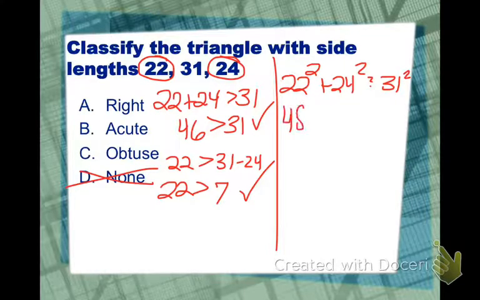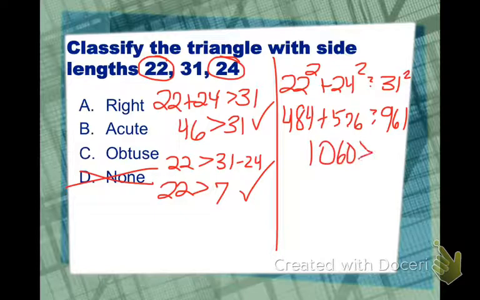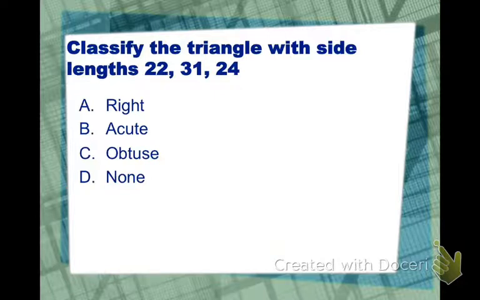Well, 484 plus 576, how does this compare to 961? Alright, 1060 is greater than 961. So the sum of the squares of the two sides is the greater value. That results in an acute triangle.